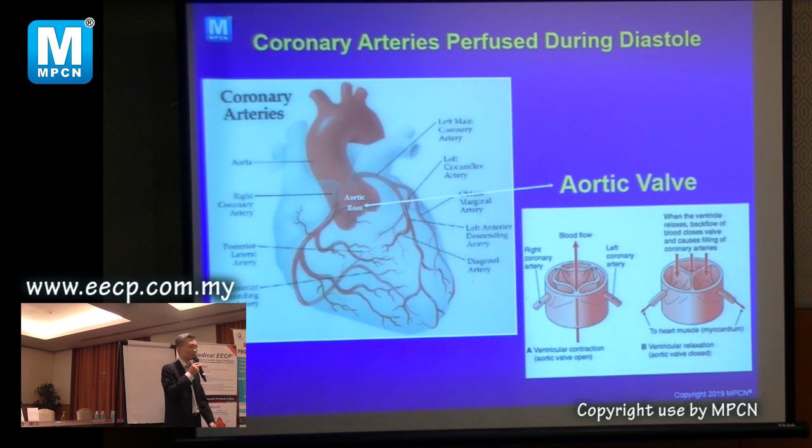So if you put the machine on this group of patients, you can put them into heart failure. And the patient will become so breathless, and if you cannot send them to hospital fast, they may die in your clinic. So we have to be careful if they have this condition called aortic regurgitation, which is a leaky valve. But if it's a mild valve leaking, no problem. But if it's a severe one, then it can be very dangerous.